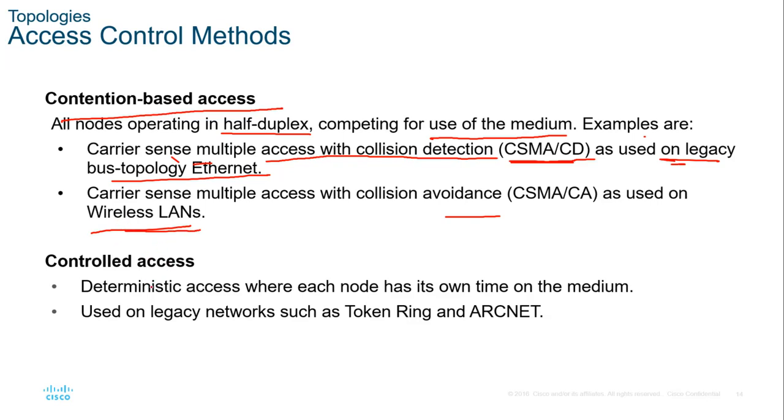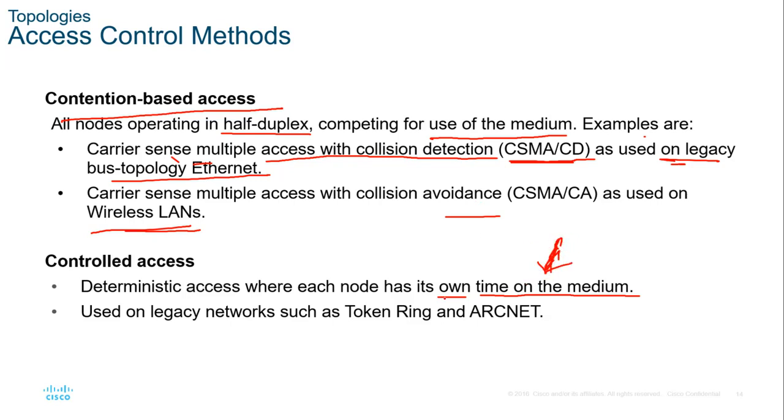Then there is controlled access, deterministic access, where each node has its own time on the media. If nodes are to use that mechanism, they have to have time stated. I always use the example of traffic lights.